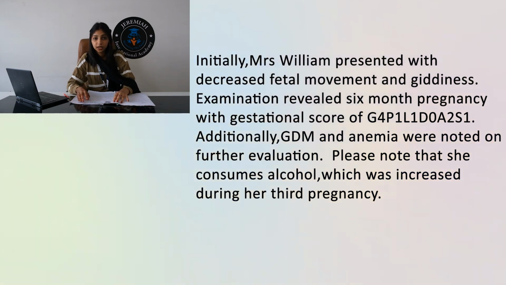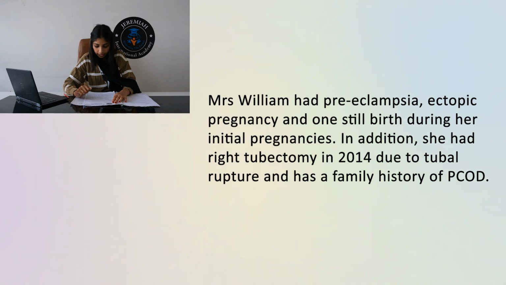And the second body paragraph will be like this. Mrs. William had preeclampsia, ectopic pregnancy and one stillbirth during her initial pregnancies. So the patient had preeclampsia in her first pregnancy, ectopic pregnancy in her second pregnancy, and stillbirth during her third pregnancy. Okay, so we can list like this her initial pregnancies.